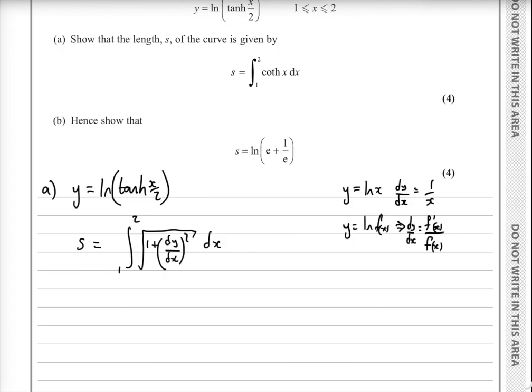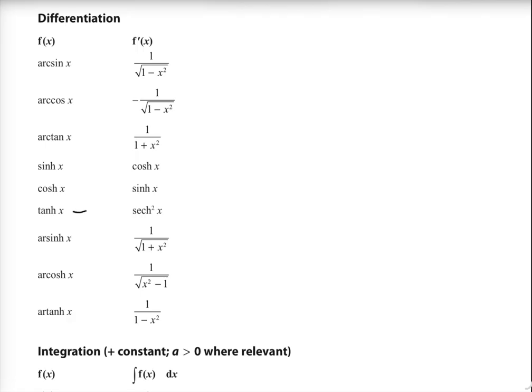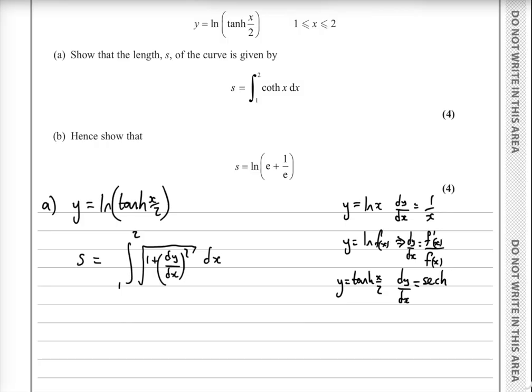So we're going to have to differentiate tangent x over 2, and that hopefully is in the formula booklet. Yes, here it is. Tangent differentiates to sec squared x. So that's sec squared x over 2 times by a half.